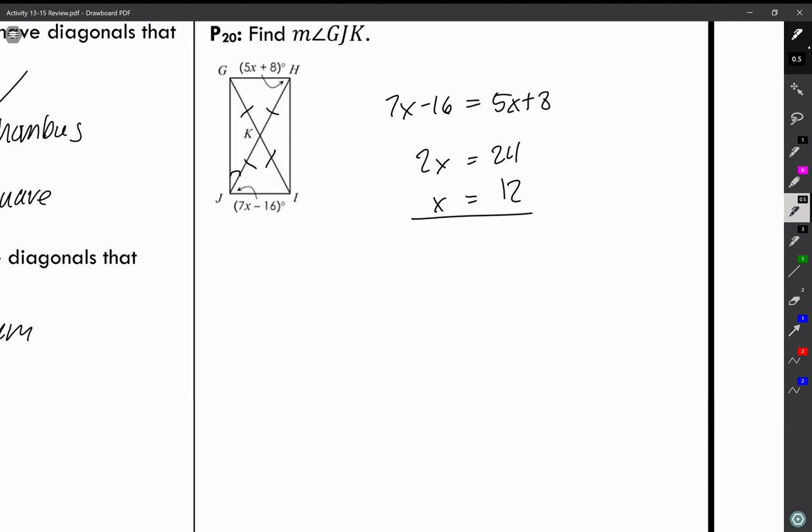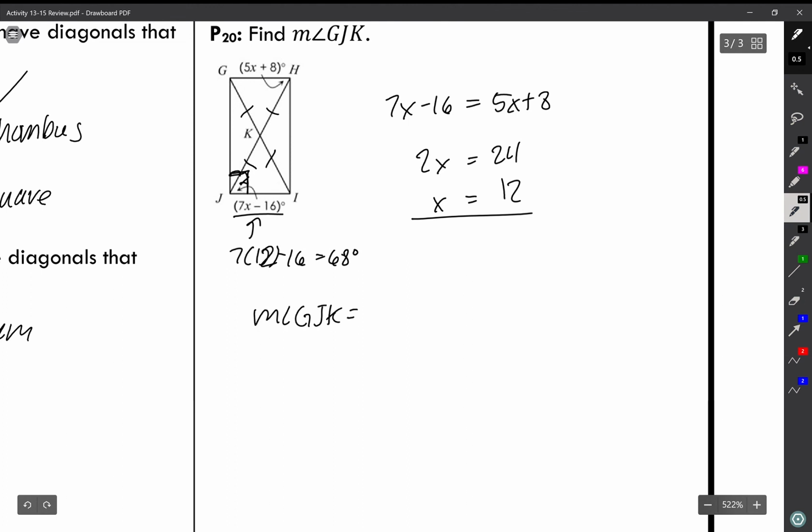I know that this angle plus this 7x minus 16 angle together form a right angle. So let's find what the 7x minus 16 angle is first. Plug in 7 times 12 minus 16 will give me 68 degrees. So the measure of angle GJK is just 90 minus 68, which is 22 degrees.